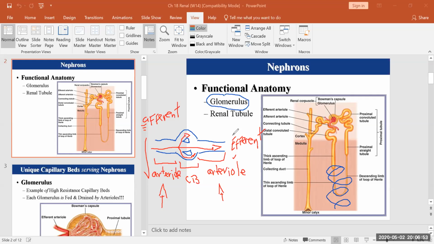So this E here is exit, so leaving the capillary bed, whereas that A is for arriving. So going into the capillary bed. Right? So that's the glomerulus. So that's why you see here the 2 names, afferent and efferent arterioles.